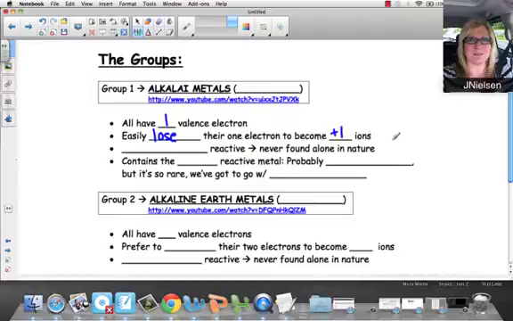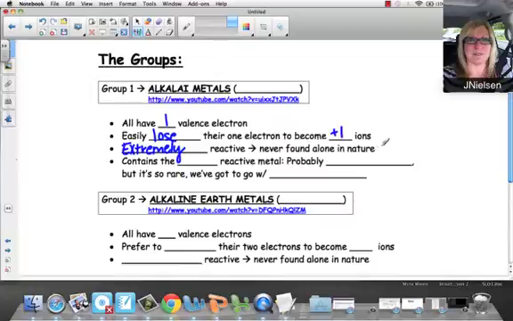So what that means is they have 1 more proton than electrons. So when you have more positive charges than negative charges, you have a net positive charge. They are extremely reactive. If you recall, I showed you a YouTube video on alkali metals with rubidium and cesium when they blew up the bathtub. Extremely reactive.